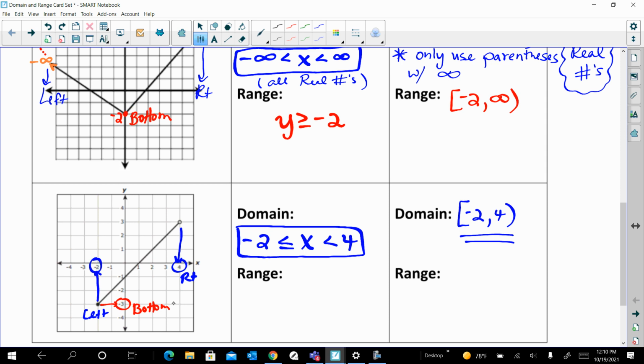At a +3. Yes, this is the top of the graph. So it is closed over here at the bottom, so that's bracket -3, comma, +3, parentheses. So this would be -3 is less than or equal to y, which is less than 3.